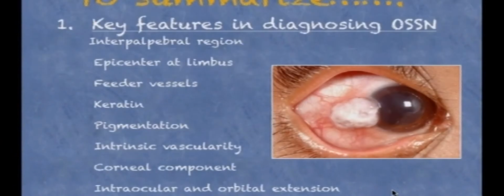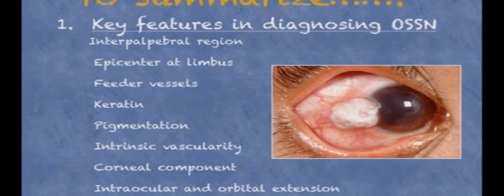So to summarize whatever we learned in the last 2 presentations, the key features in diagnosis of ocular surface squamous neoplasia are: it occurs in the interpalpebral region, and the epicenter is at the limbus. Look for feeder vessels, keratin, pigmentation, intrinsic vascularity, presence of a corneal component.